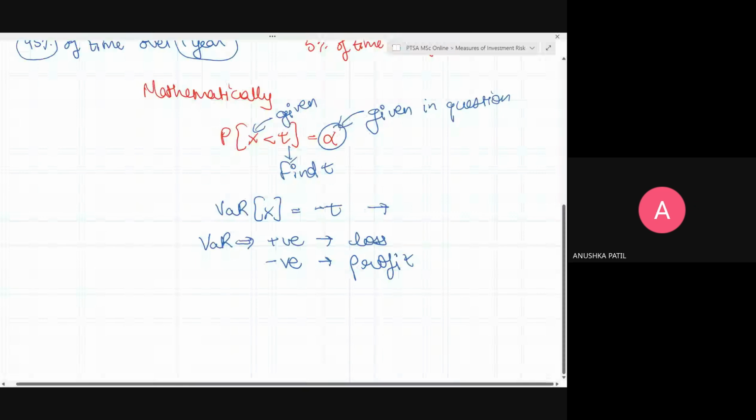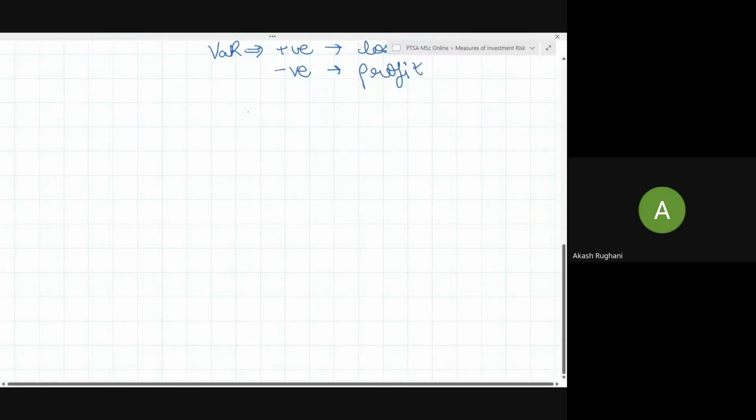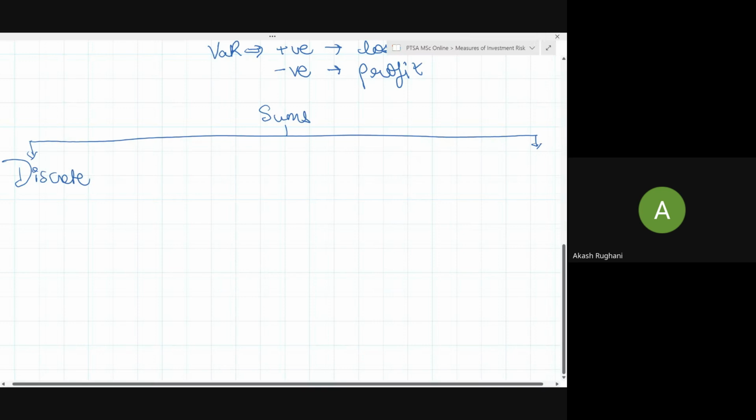Cool. Yes, sir. Now, when I talk about sums, I will bifurcate the sums into two types, guys. One is discrete and one is continuous distributions. Now, if it is continuous distributions, it's simply a formula approach.